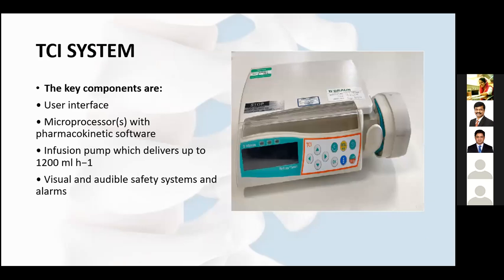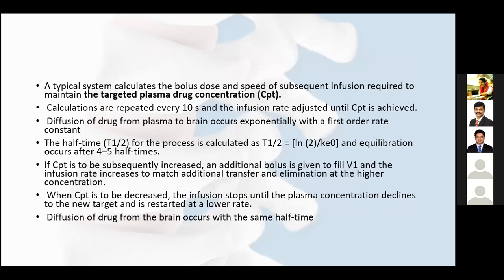The key components of the TCI are the user interface, a microprocessor with pharmacokinetic software, an infusion pump which delivers up to 1200 ml per hour, and visual and audible safety systems and alarms. A typical system calculates the bolus and the speed of subsequent infusion required to maintain the targeted plasma drug concentration.